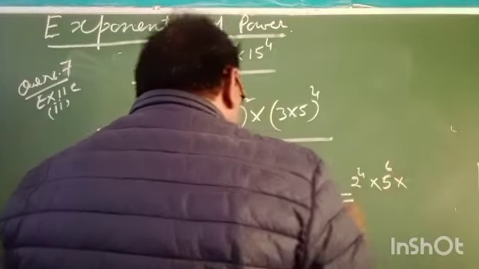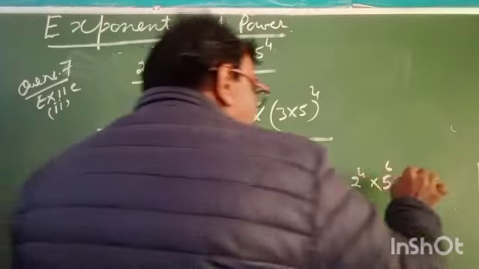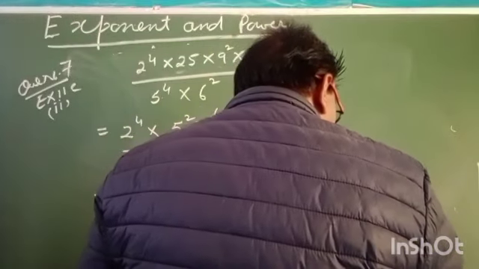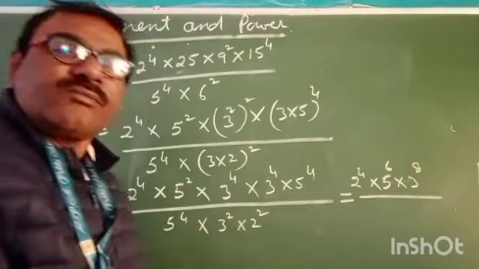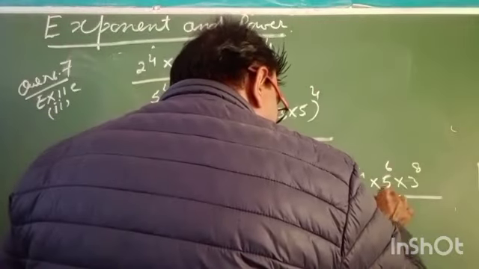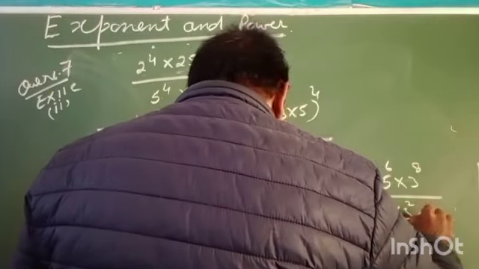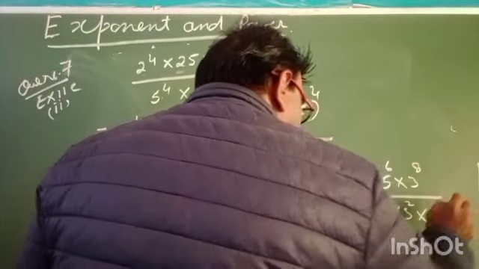Now multiply, here the power of 3 is 4 and the power of 3 is 4, so it will be equal to 3 to the power 8, upon 5 to the power 4 multiply 3 square multiply 2 square.